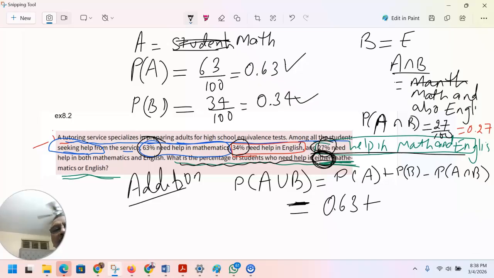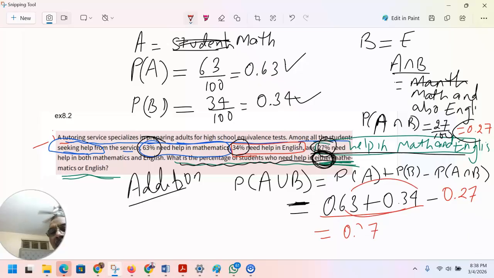It means first, the probability that the student selected may be taking maths help is 0.63. Then the second one is here, 0.34, and then you subtract this one, which is in red color, 0.27. And you can put this on the calculator. 3 plus 4 is 7, and 3 and 6 is 9, 0.97.